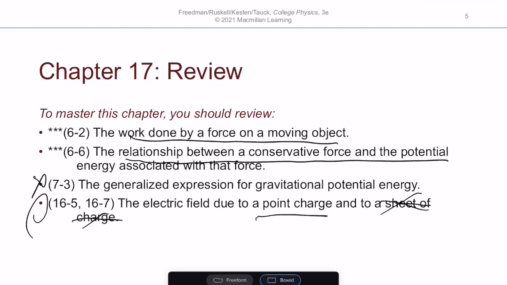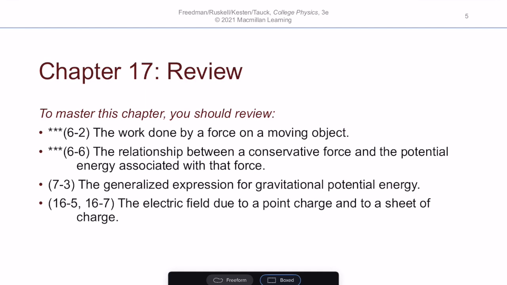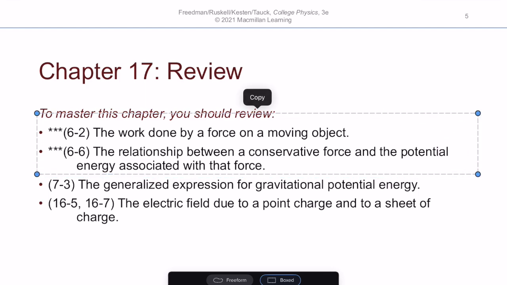And this is going to be really important. I do have a review slide here to cover some of these concepts. So to be successful with this chapter, you're going to need to recall some definitions from chapter 6. Work done, okay?